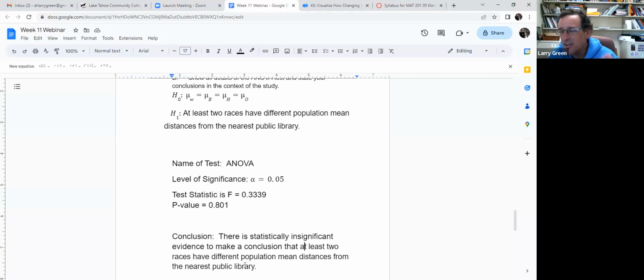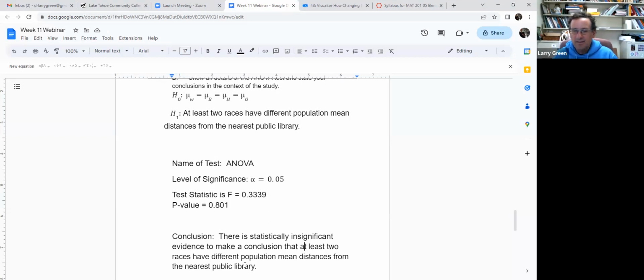Okay, the answer is no. You can never, ever, ever say that the null hypothesis is true and not be saying that. What you do is you find a very fancy way of saying we know nothing. There is statistically insignificant evidence to make a conclusion that at least two of the races have different population mean distances from the nearest public library. That's a fancy way of saying we really don't know. You can't say we do know. You can't do that when you have a large p-value.